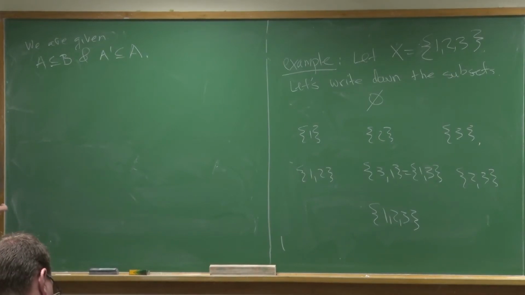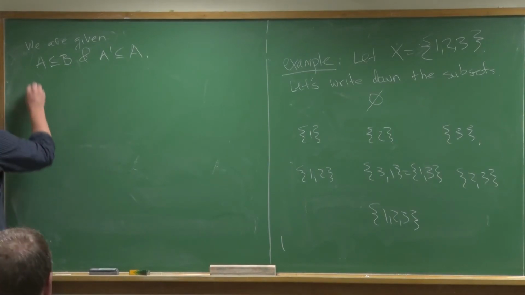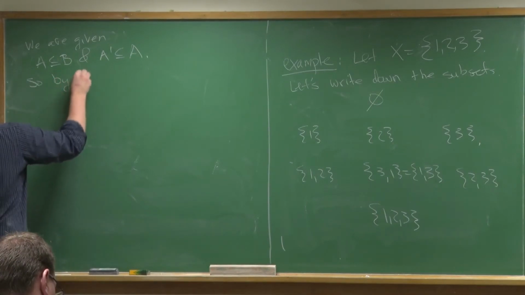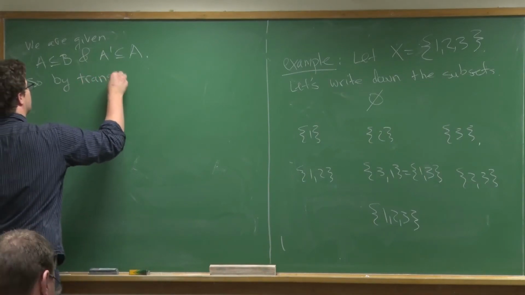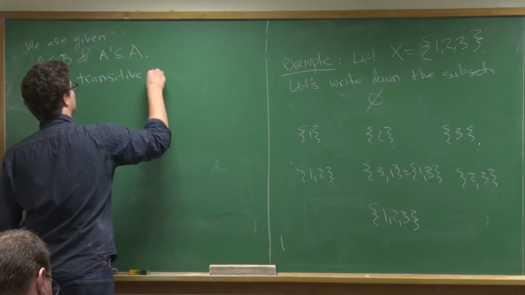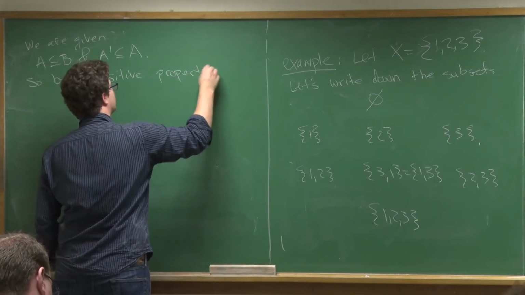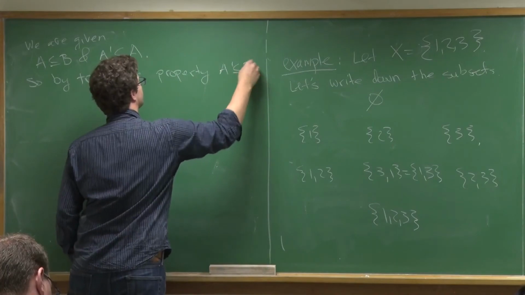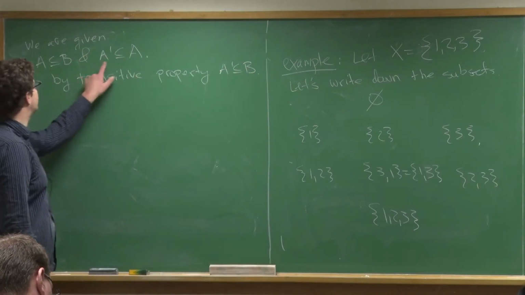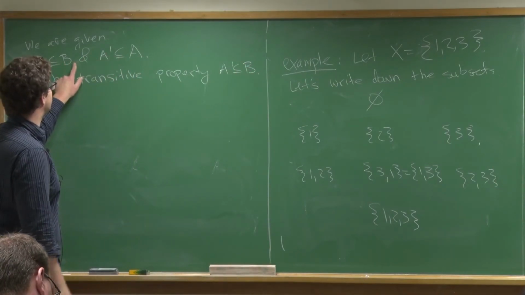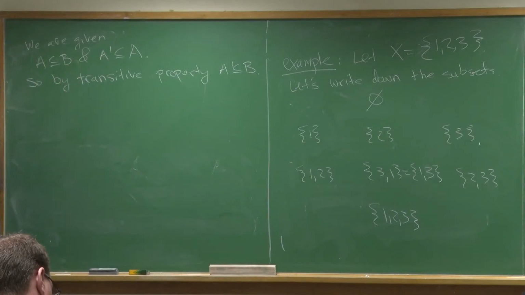It's a partial order. So by the transitive property, A prime is a subset of B. So we have this is a subset of this, and this is a subset of this, so we must have this a subset of this. Okay? Yeah?